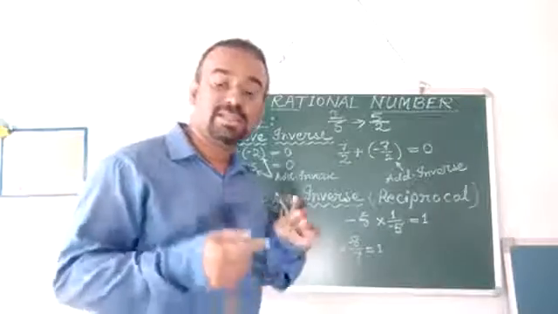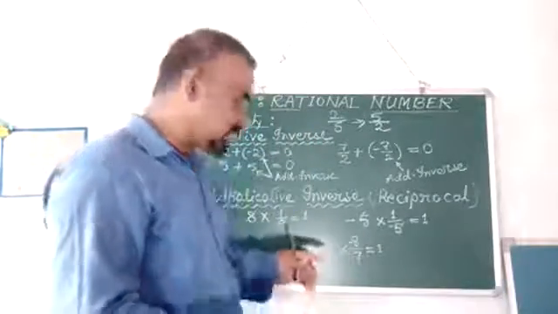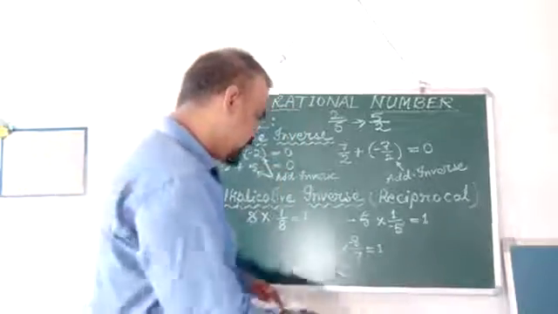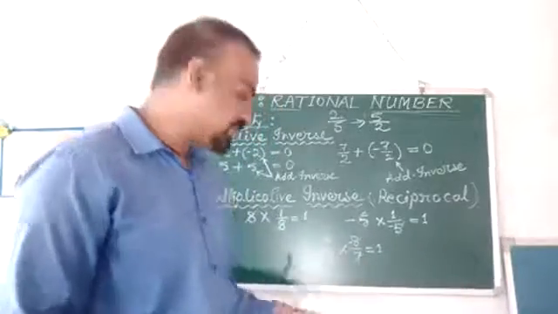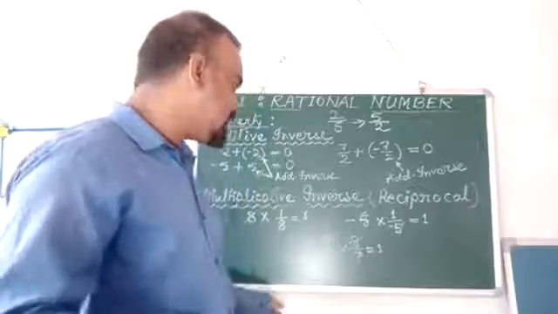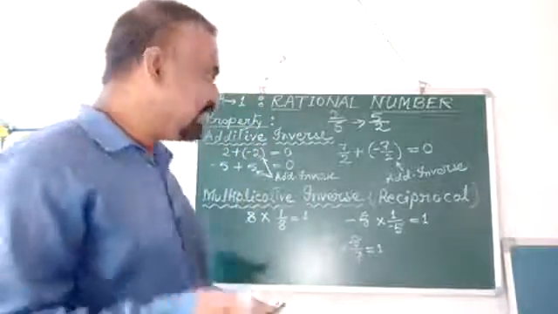Minus 7 by 8's reciprocal is minus 8 by 7. The number will go upside down. When you see this number, this and this get cancelled, this and this also get cancelled, and what is left is equal to 1. This is the way to find the multiplicative inverse.